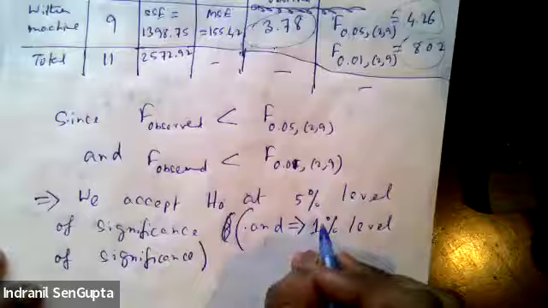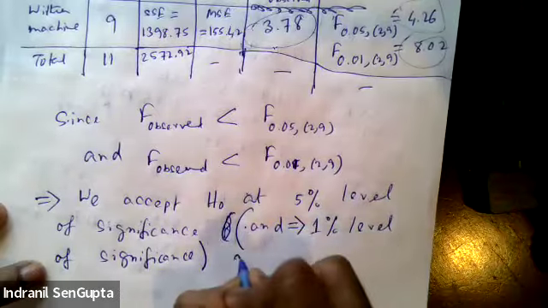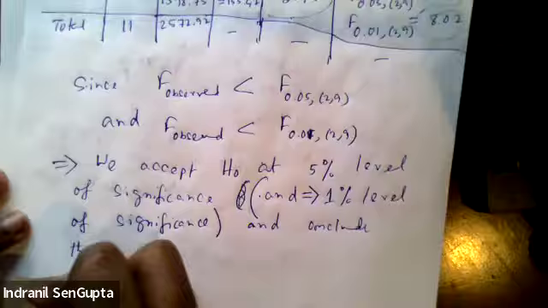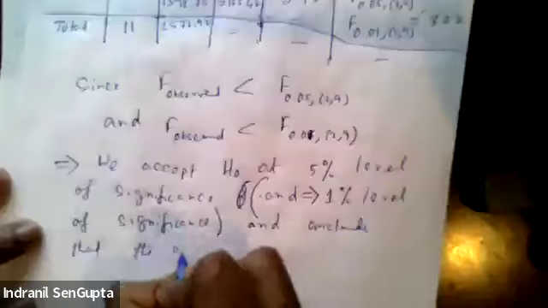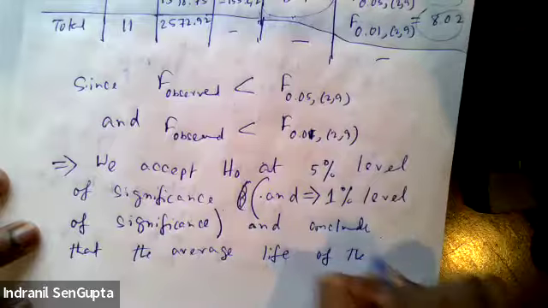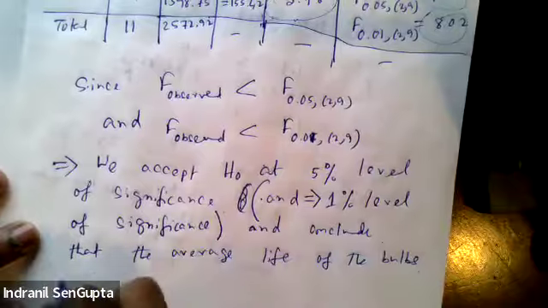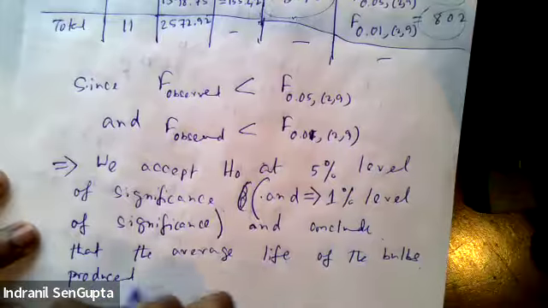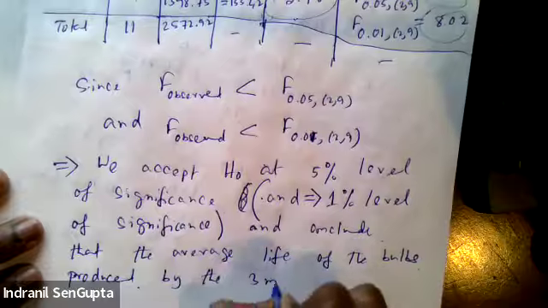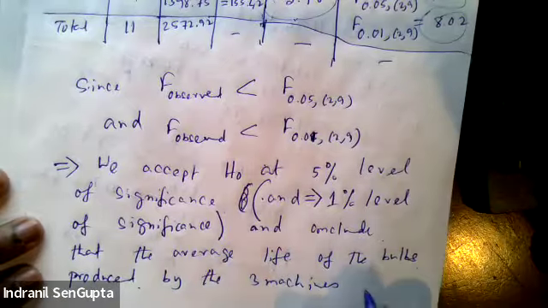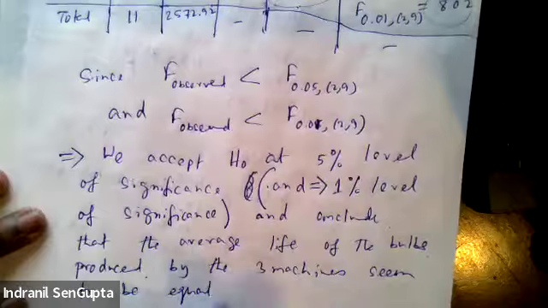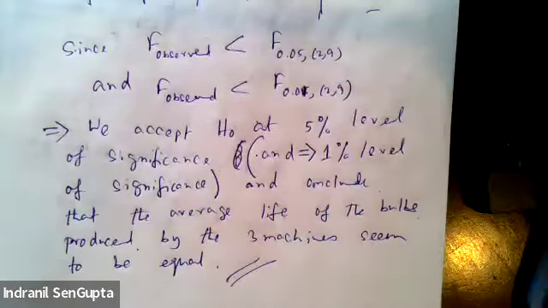So we accept H0 and conclude that the average life of the bulbs produced by the three machines seem to be equal. Okay, so that is the analysis of variance.